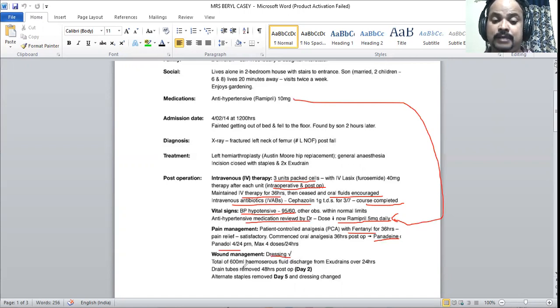Now, what type of dressing? We need to give a regular dressing. Dressing change should be there at periodic intervals. You can say the drain tubes removed, then alternate staples removed, day 5, and dressing changed. So these things are either relevant or semi-relevant.